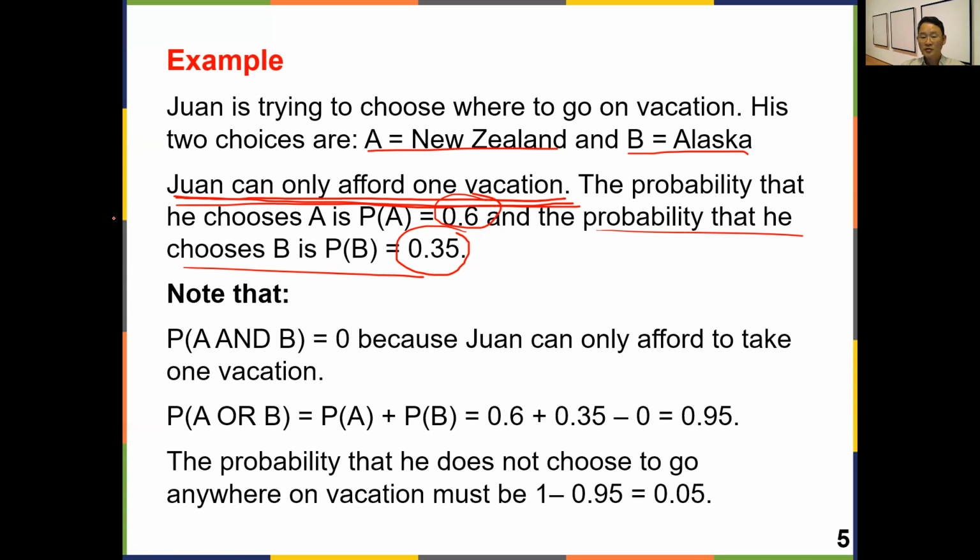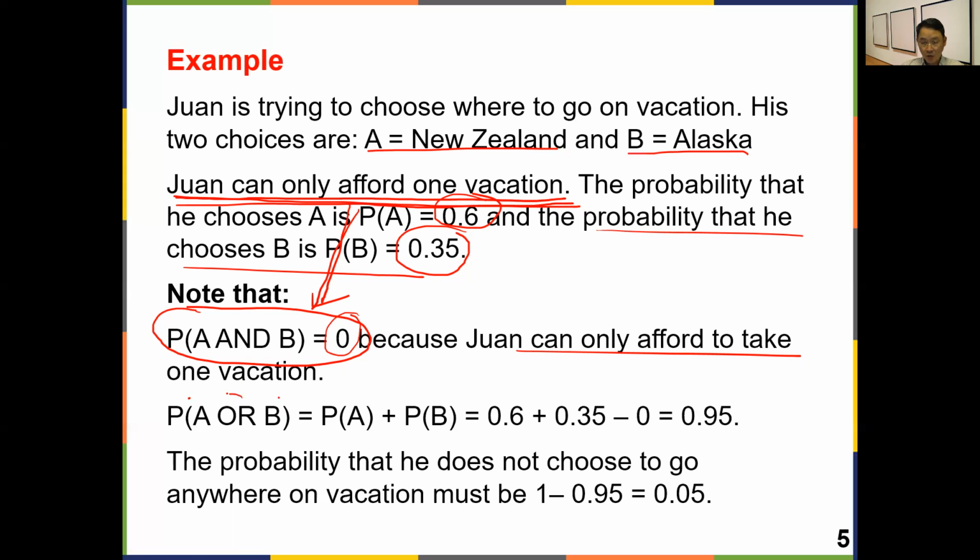Okay, so let's analyze this situation. We know the probability of going to New Zealand and Alaska is going to be 0. Why? Because he says he can't afford two vacations. He's only going to go on one vacation. So what's the probability that he's going to go to one of these, New Zealand or Alaska?